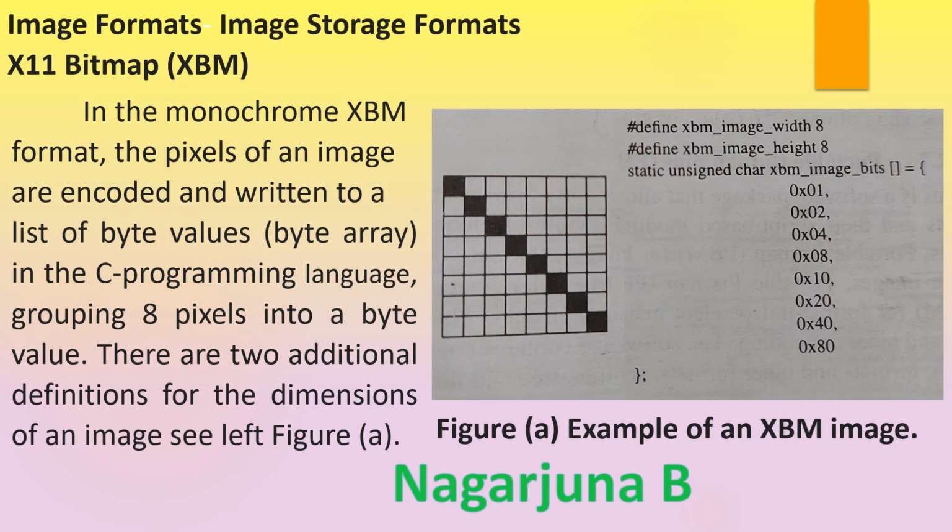Similarly the 8th one is 0x80. So it is a group of 8 pixels combined as a 1 byte value, encoded and written using the C programming language. So it is a diagrammatical representation of a monochrome XBM image format.